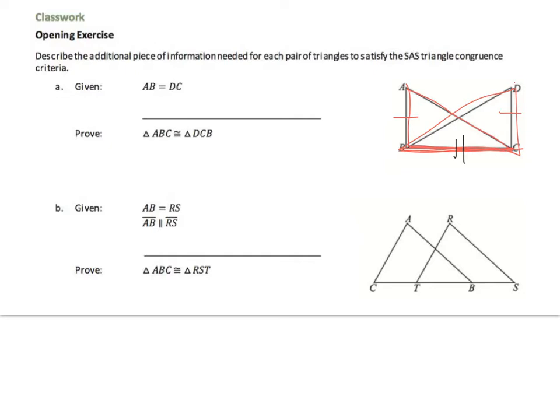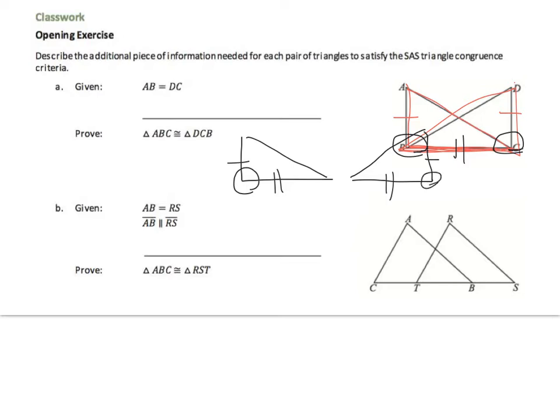But I need to know about these angles. What I would often do when doing a problem like this for the first time is pull those two shapes apart. We know these are congruent. That's the reflexive property, remember? We just need to know about the angles.